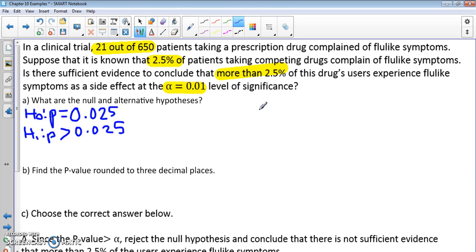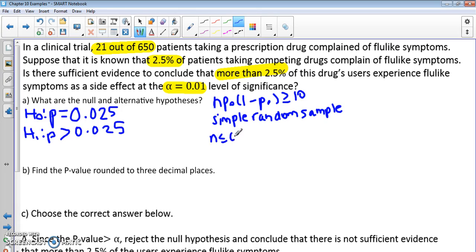And then we would want to verify our conditions here. So n times p naught times 1 minus p naught is greater than or equal to 10. That we have a simple random sample. And either n is less than or equal to 5% of capital N, so our sample size is less than 5% of the population, or we have that our sampled values are independent.